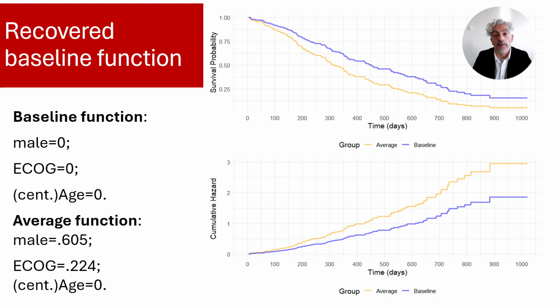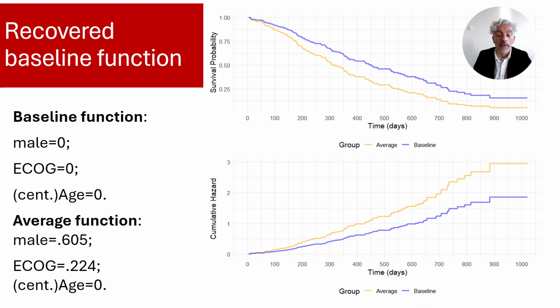And I compared this function against an average individual, so an individual that has the sample average proportion of males and the average proportion of the dichotomized ECOG score.